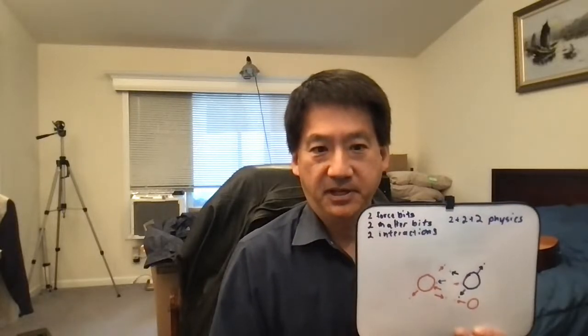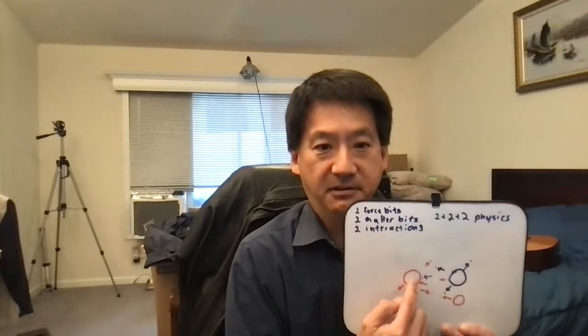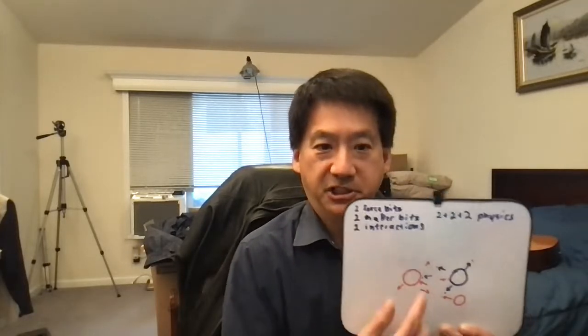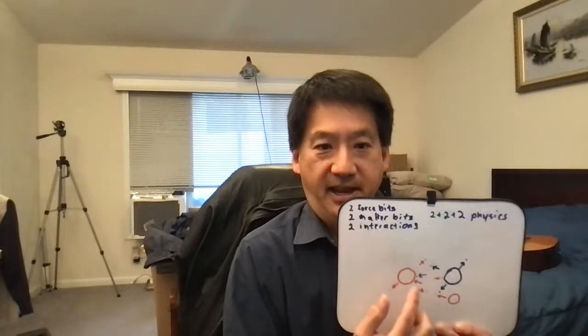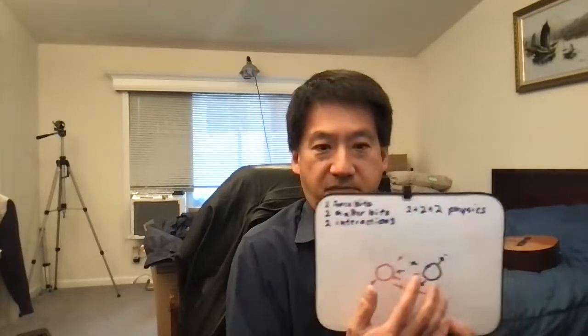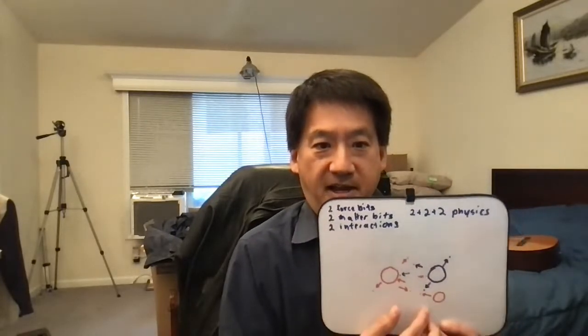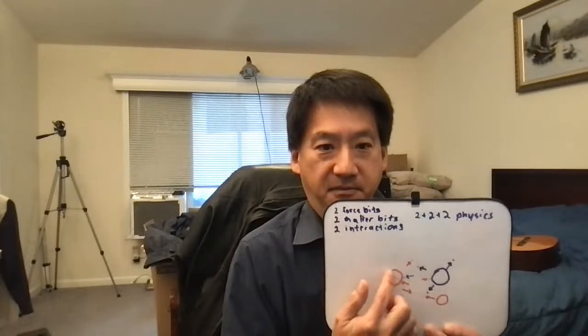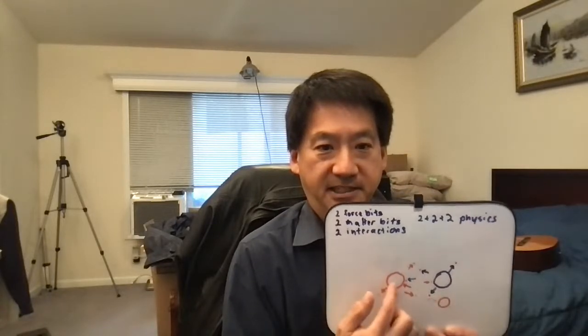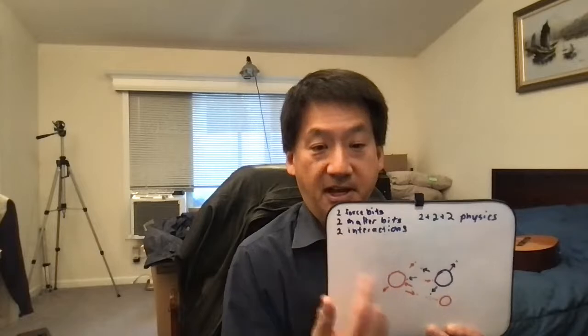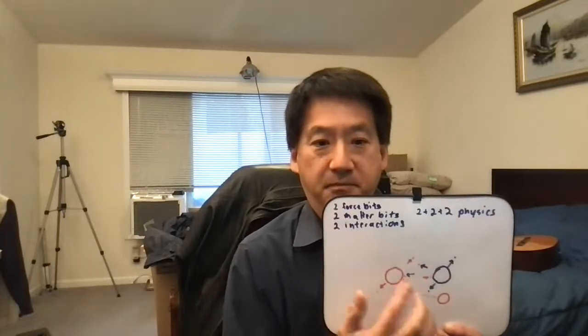So the only thing that we have in Newtonian mechanics is that we know that when one bit hits another bit, there's going to be a collision, there'll be an exchange of momentum, and then both bits will fly away from each other. So this bit about positive bits hitting each other, causing this bit to fly away, that's Newtonian mechanics. That's perfectly fine.